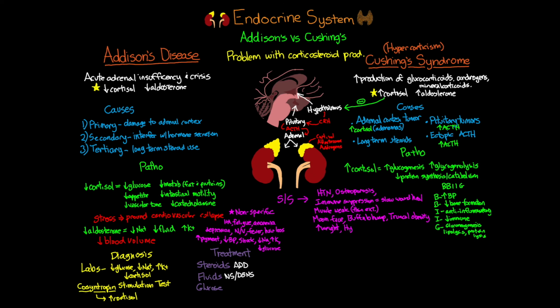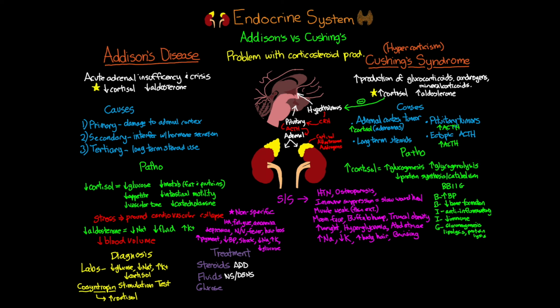You'll have that hyperglycemia, as well as the abdominal striae, or those red stretch marks on the abdomen, partially due to the increase in size, but also as a result of the impaired collagen production because of that protein lysis. Now, in these patients, because of the increased aldosterone production, you're now going to see hypernatremia and hypocalcemia, so the opposite of what you'd see in Addison's. You can also see excessive body hair, particularly in women, as well as these patients may be more prone to bruising.